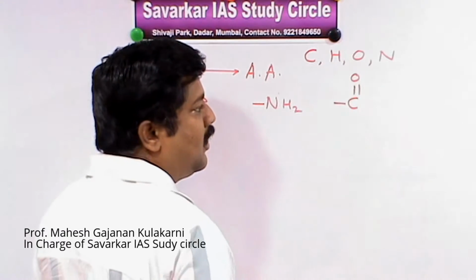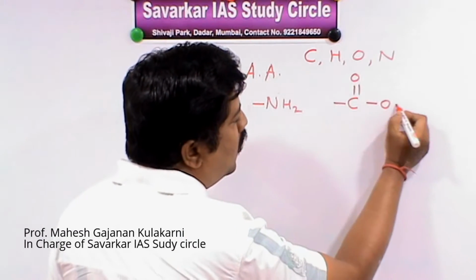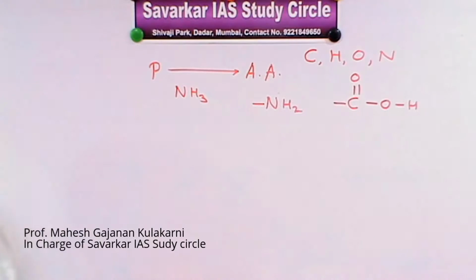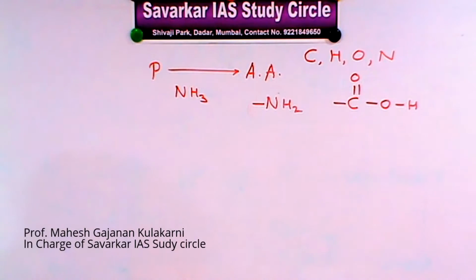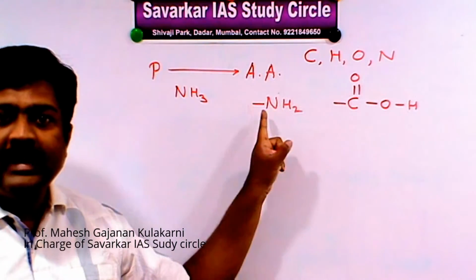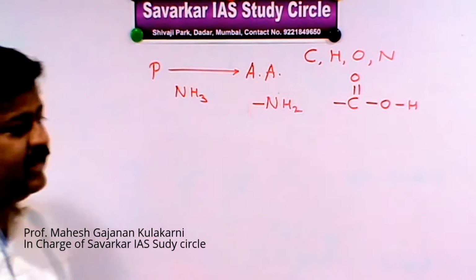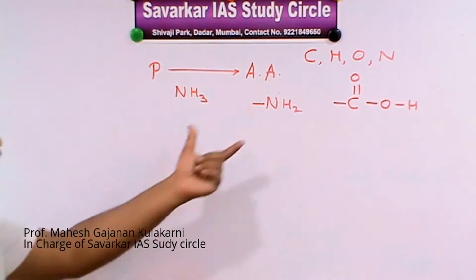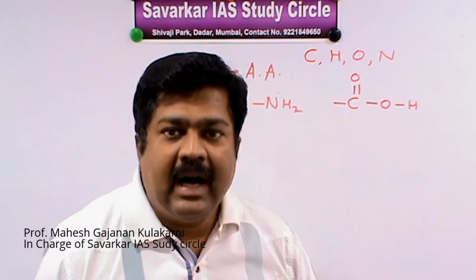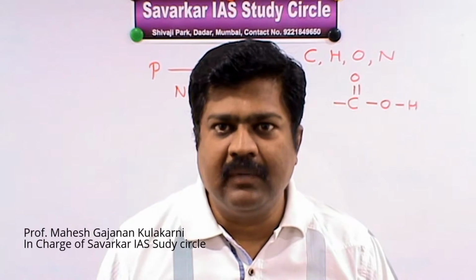Here, a double bonded O and OH. So this group is called the acidic group. This is called carboxylic acid. So here it is the ammonia-derived group, called amine. When this group is there, it is called the carboxylic acid group. Now, when the amine group is there, the substance is alkaline in nature, basic in nature.